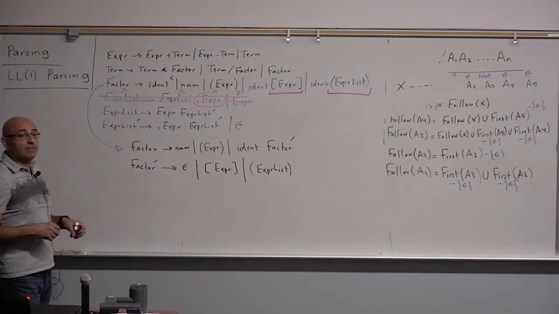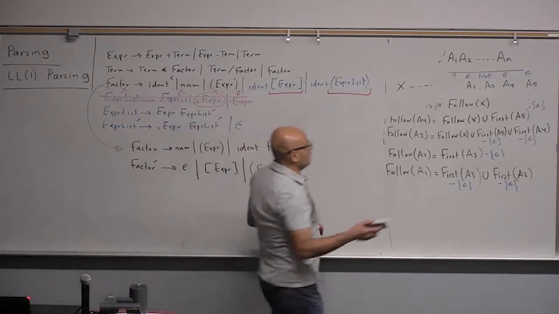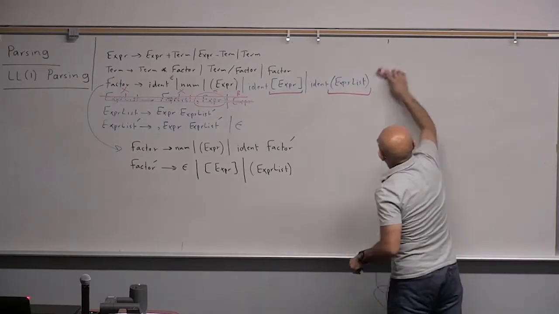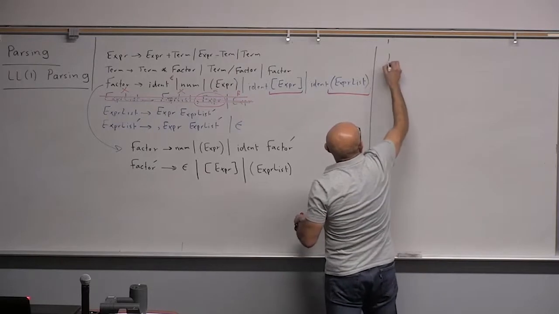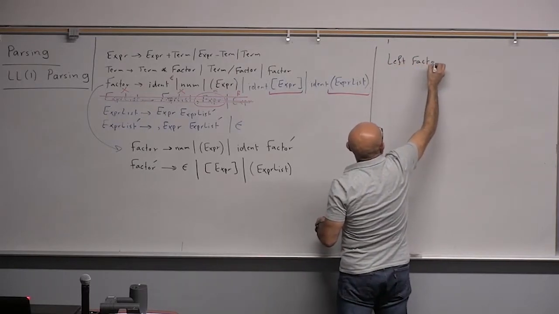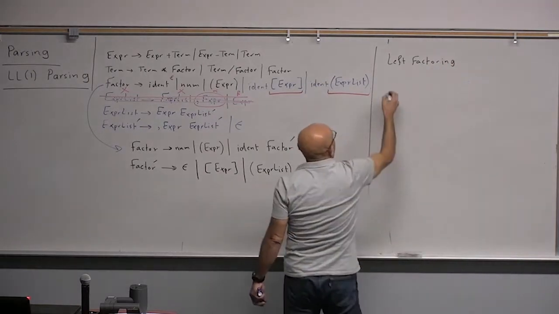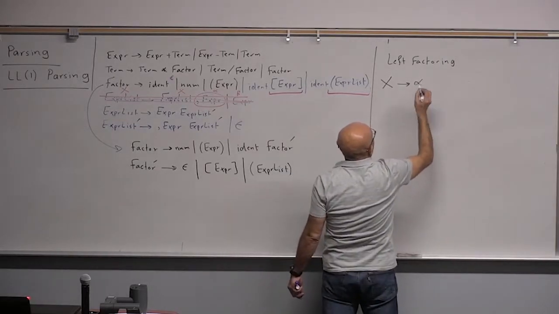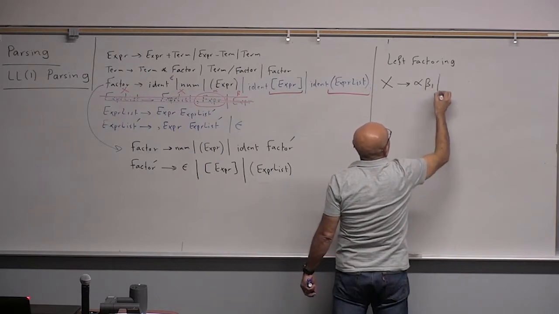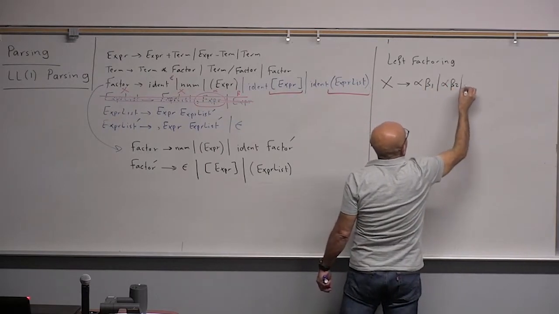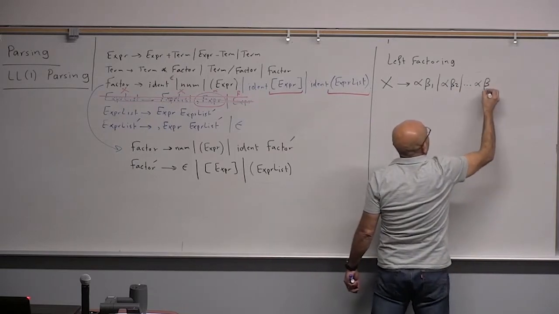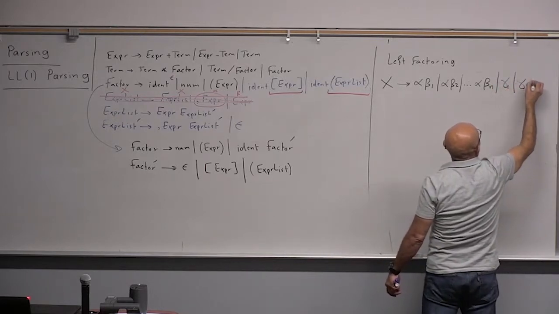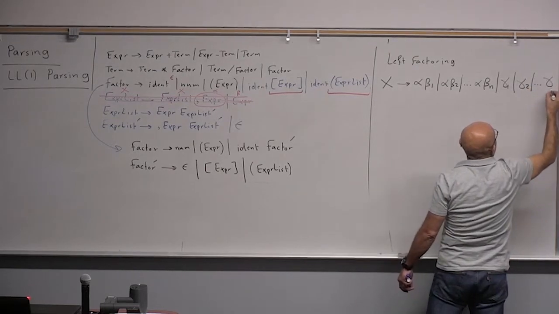Okay, so this is what we call left factoring. So in general, for left factoring, if we have an x that goes to alpha beta 1 or alpha beta 2 all the way to alpha beta n, or gamma 1 or gamma 2 or gamma m.